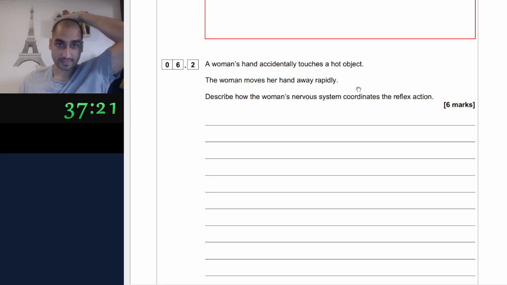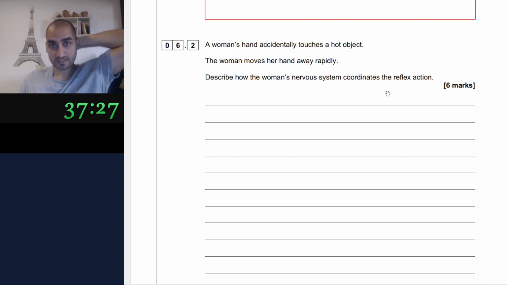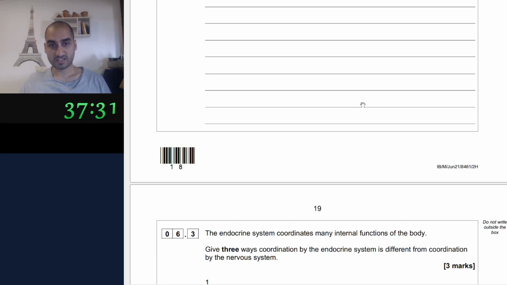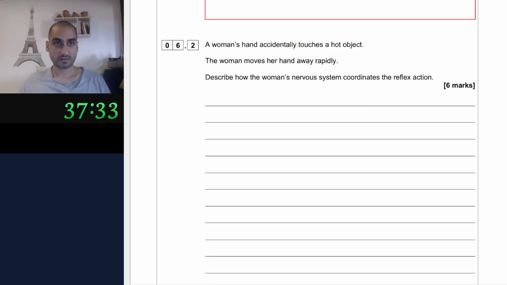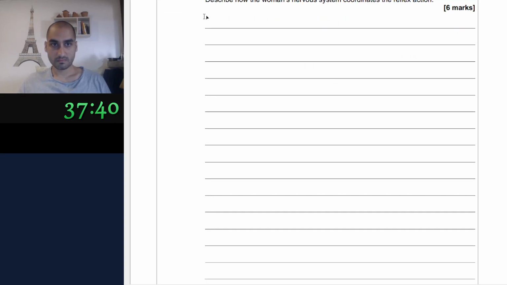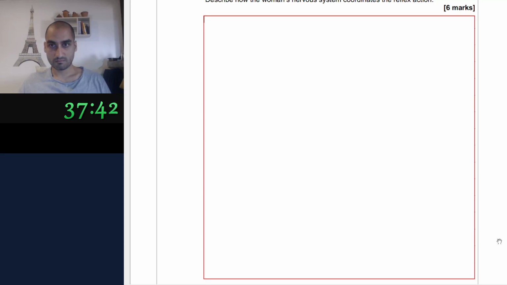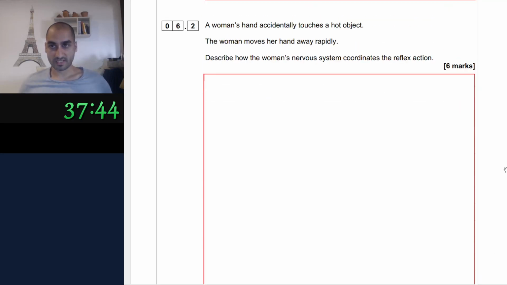A woman's hand accidentally touches a hot object. The woman moves her hand away rapidly. Describe how the woman's nervous system coordinates the reflex action. Well, this is what I just said, but now it's 6 marks. Okay, so they want us to say all kinds of terminology. All right, I can do this.